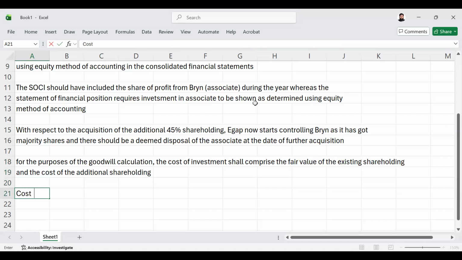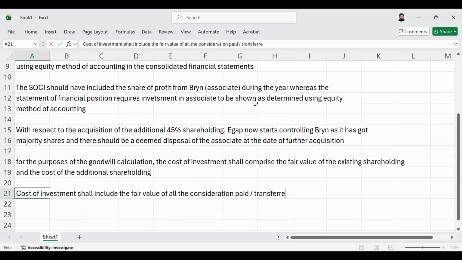The cost of investment shall include the fair value of all the consideration paid or transferred.